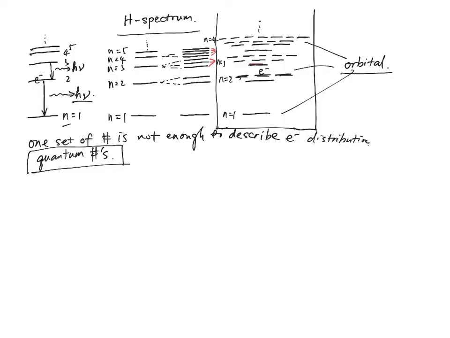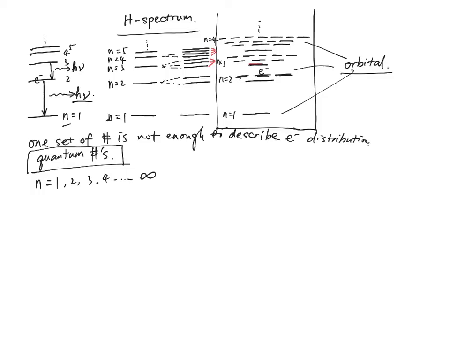Quantum number one, the first quantum number, of course, is the n that we defined earlier. n equal to 1, n equal to 2, 3, 4. It starts with 1, and this can go all the way up to infinity.